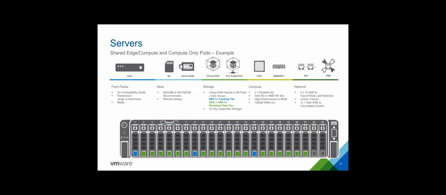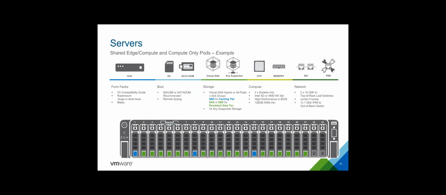And of course, CPU and memory is really up to you. Most folks I see start at a minimum of 128 gigs of RAM. But you're really going to want to size these edge and compute pods specifically for your workloads. We're not prescriptive on the compute pods.